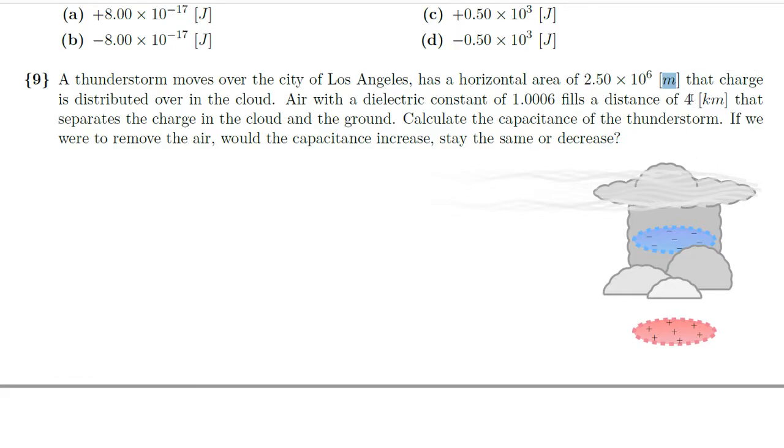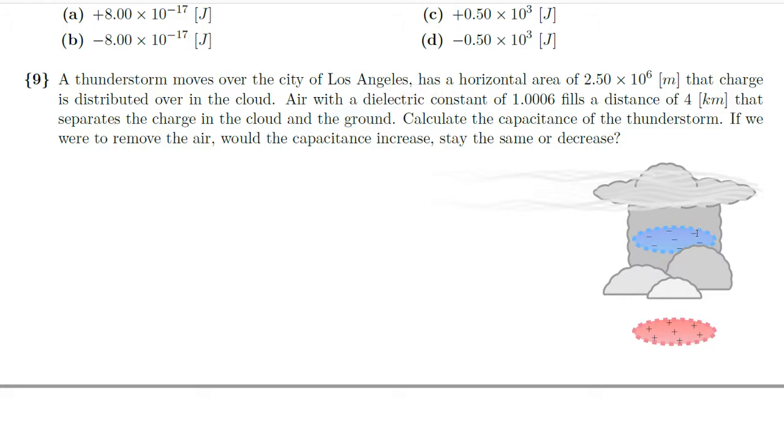So it has that horizontal area. That charge is distributed over it in the cloud. Air with a dielectric constant of 1.0006 fills a distance of 4 kilometers that separates the charge in the cloud and the ground.